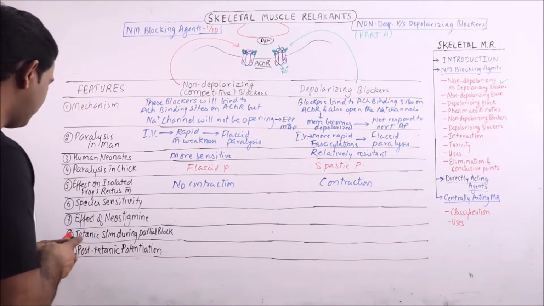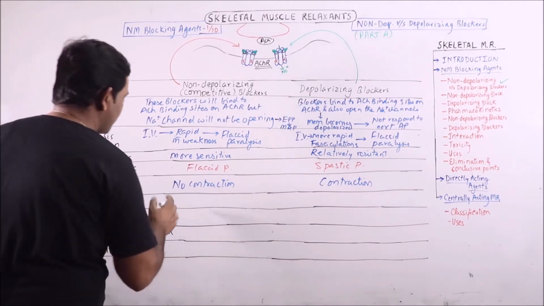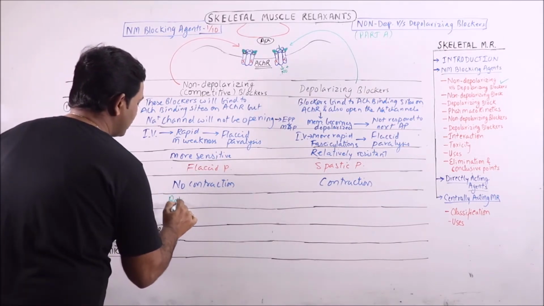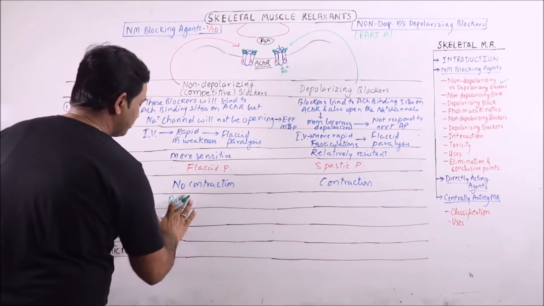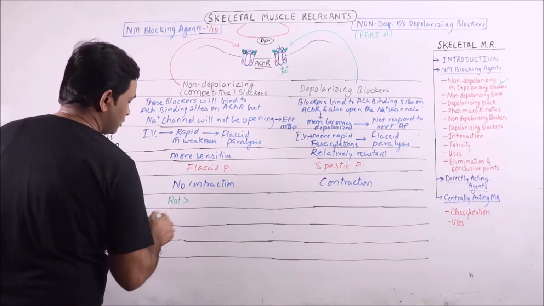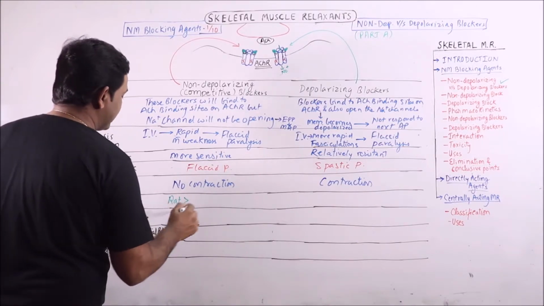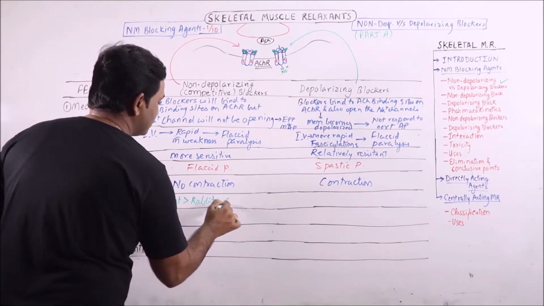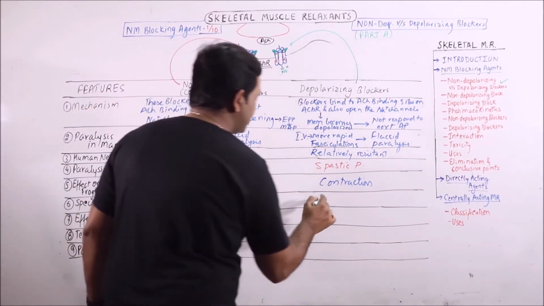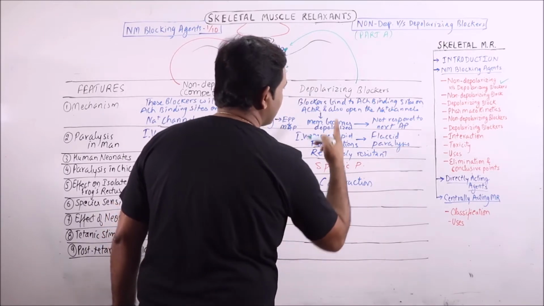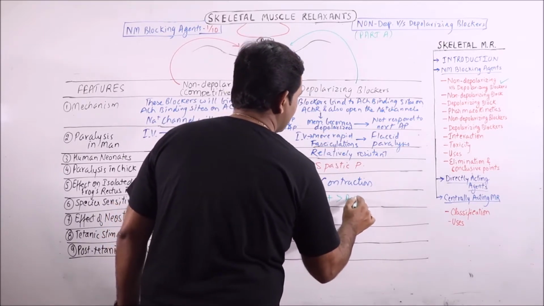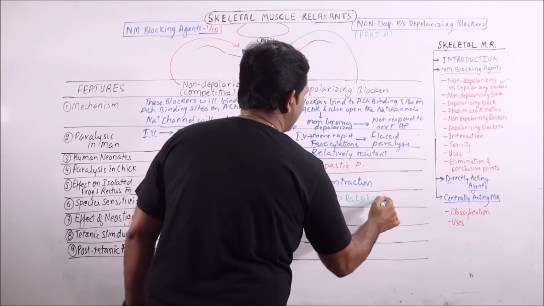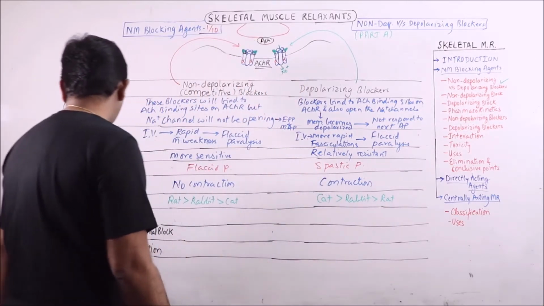Species sensitivity, if discussed, then in case of non-depolarizing blockers, most sensitive is rat, then rabbit, then cat. This sequence is reversed in case of depolarizing blockers: cat, then rabbit, then rat.